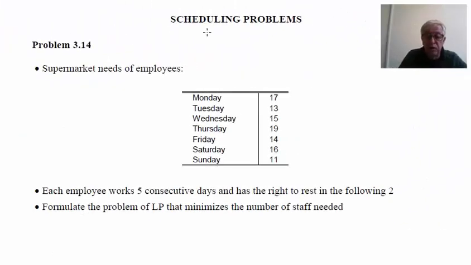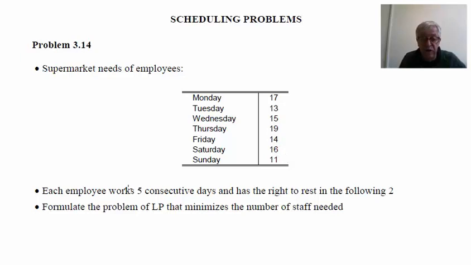And now let's look at an example of a scheduling problem. That is problem 14 of our list. So in this problem, we have a supermarket with different needs of employees during each day of the week, as we represent in this table. That is, on Monday they need 17, on Tuesday 13, and so on.